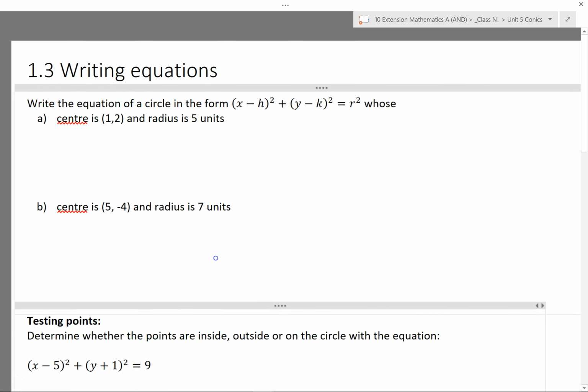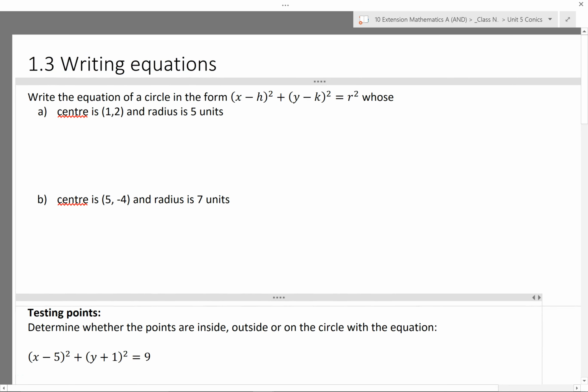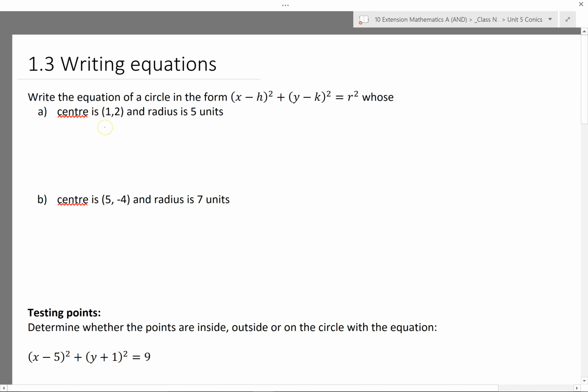So just in relation to circles, 2 other tasks that you should be able to do is write the equation. So if you're told the center of a circle is 1, 2 and its radius is 5, this is basically telling you that h equals 1, k equals 2, and the radius is 5. So you can substitute those values into this equation.